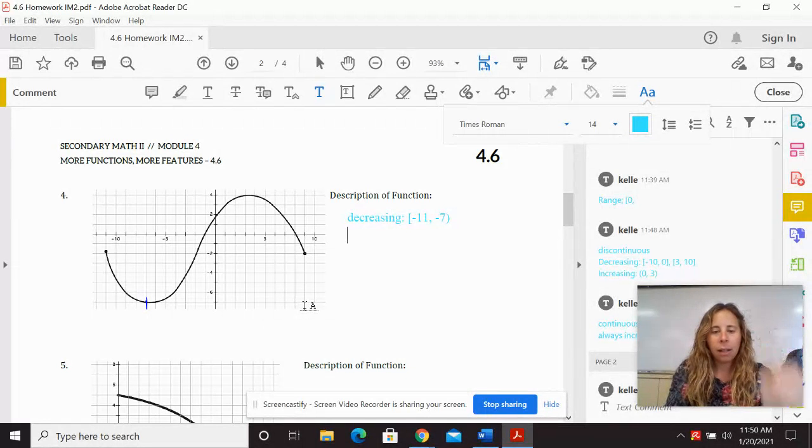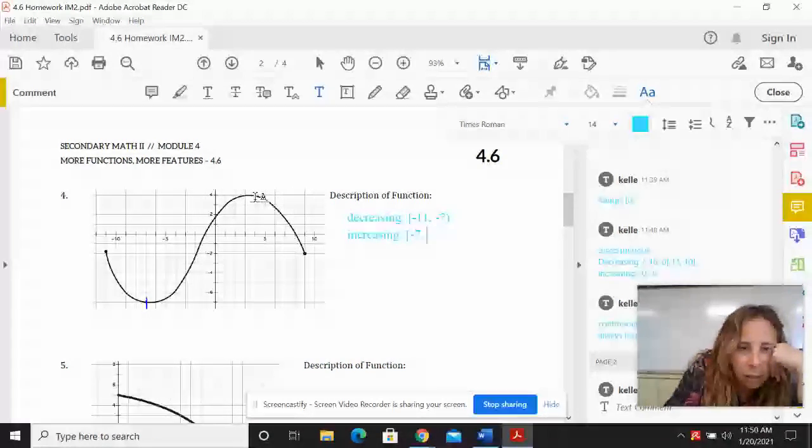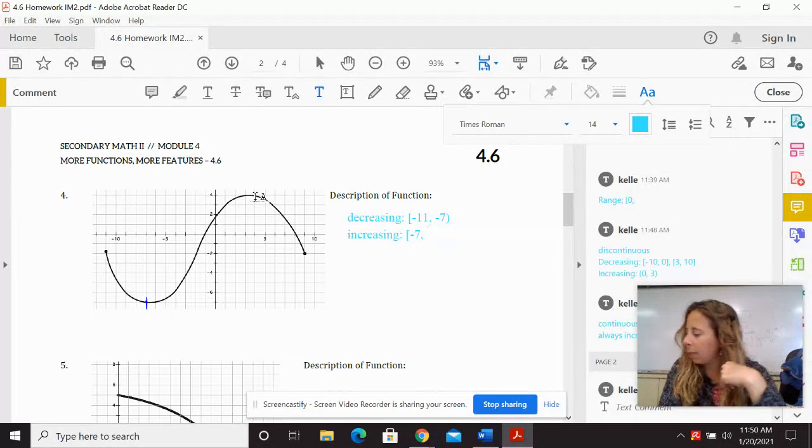And then I'm going to say, for an increasing interval, it's increasing from -7 to whenever it stops increasing. When is that? So we're increasing, I guess, until 4. Let's see if I agree with the book.